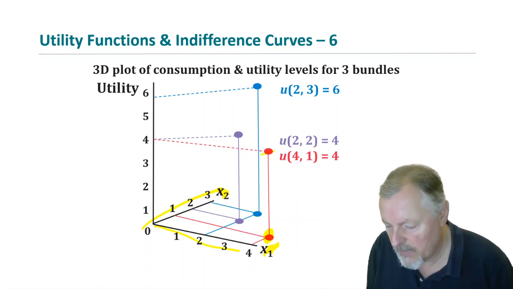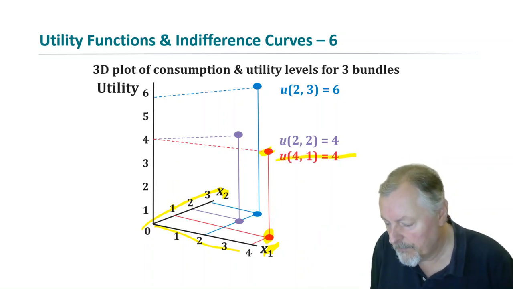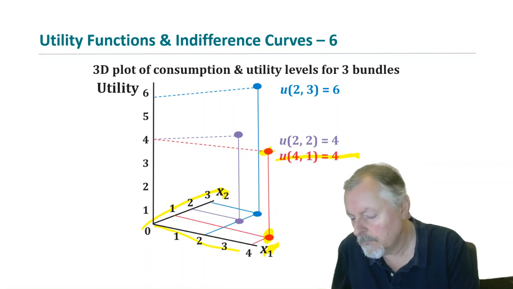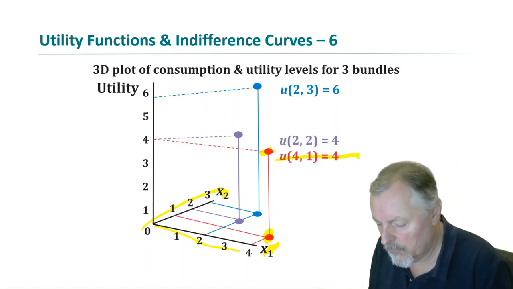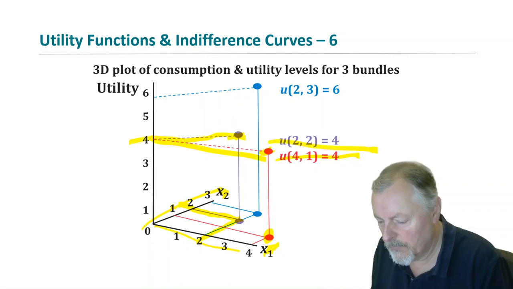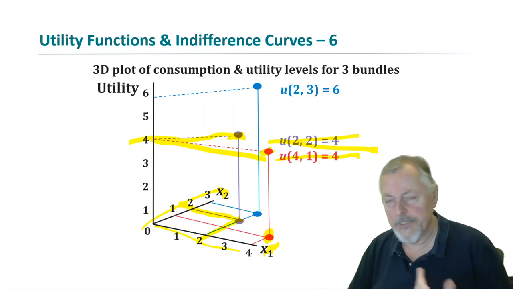And we can say, now going to the third dimension, that bundle gives 4 units of utility. Utility level 4. Well, 2 apples and 2 oranges also provide 4 utility units. Utility level 4.